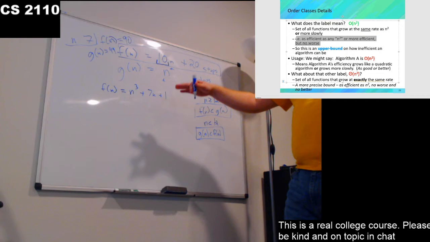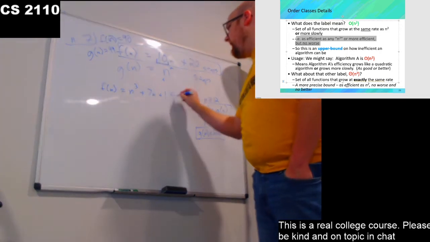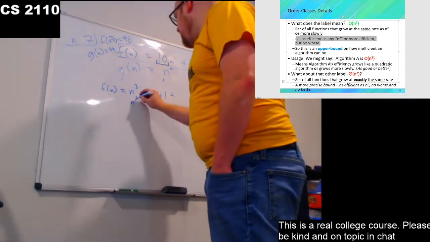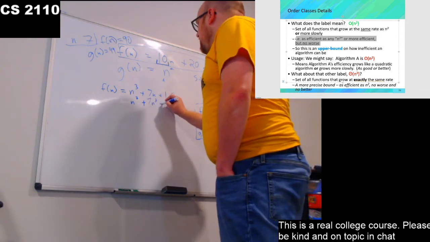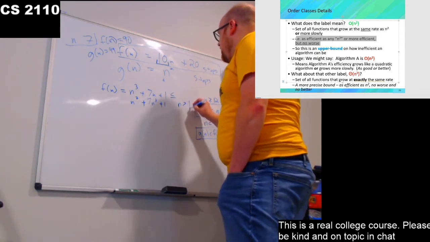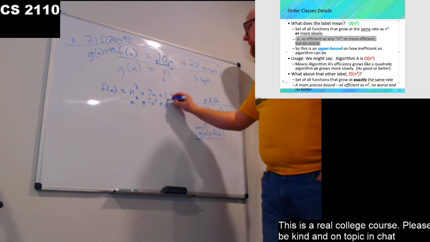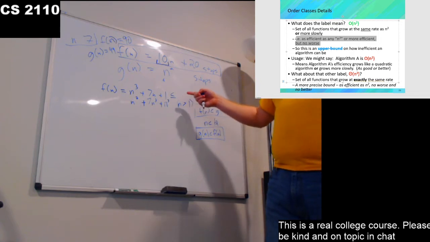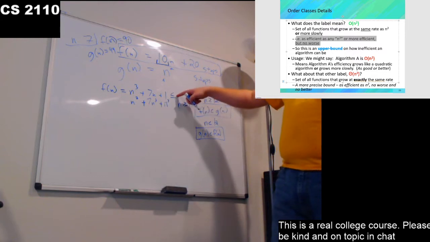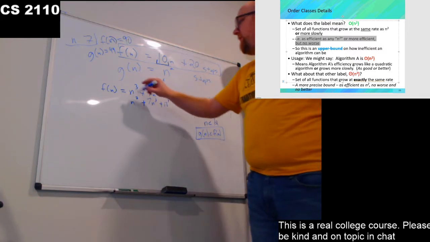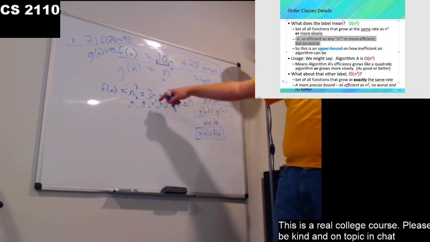Well, I can say that this value is less than or equal to n cubed plus 7n cubed plus n cubed for all values of n greater than or equal to 1, because if I plug in any number greater than or equal to 1, then this term will be less than or equal to that one, just because I've raised the exponent.